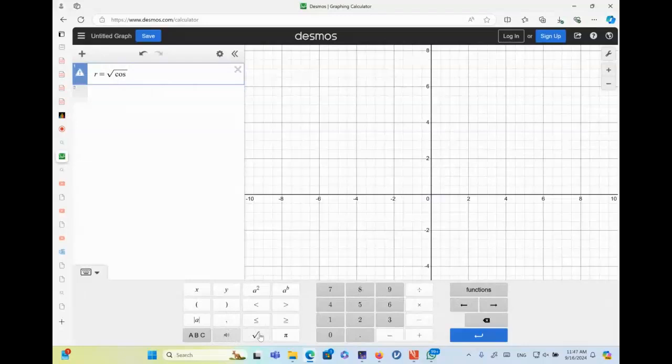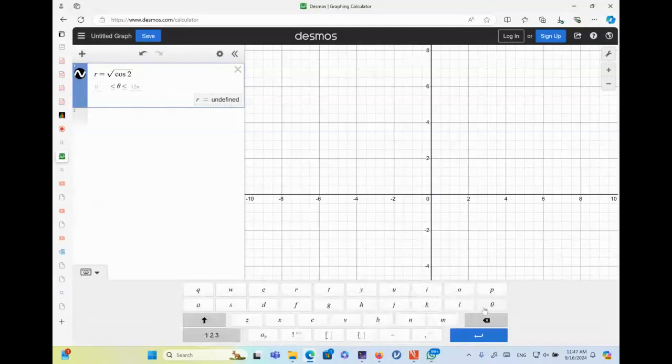Look here, Shabab. I will write first 2 theta, and you can see how it looks like. If I change 2 to 4, what will happen? It becomes 4. If I put 8, I will get 8. If I get 16, I will get 16.